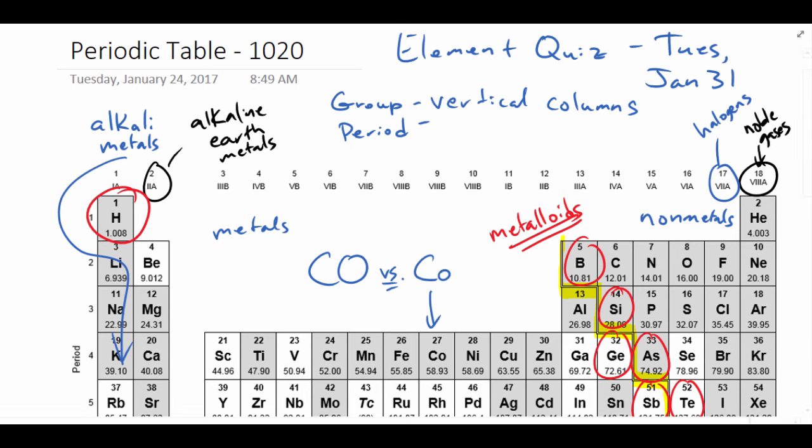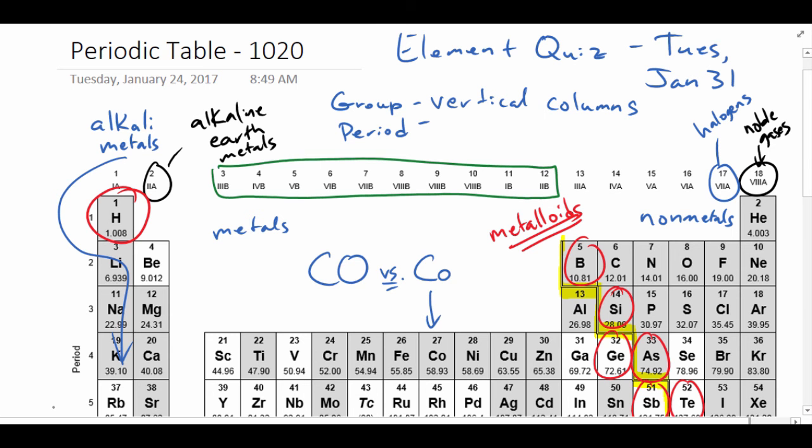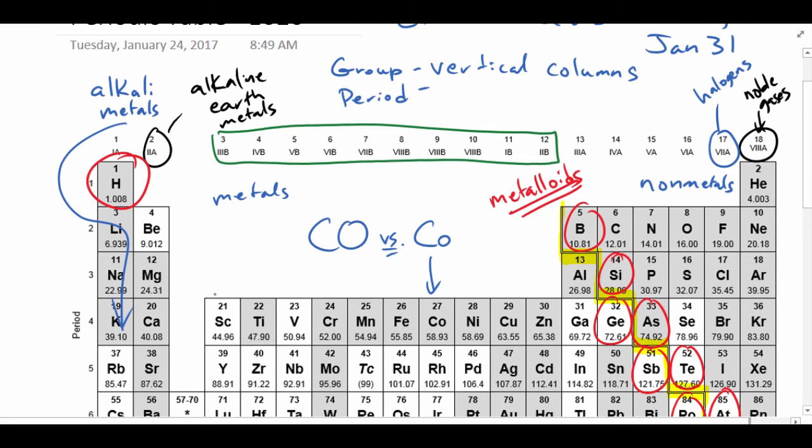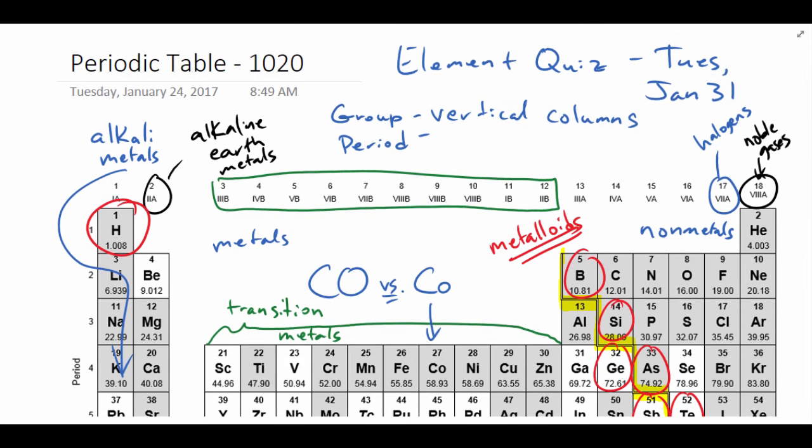And then we see these B groupings, and I'll put this in green. I know some of you might be colorblind, but those that aren't, this is green. And the B groupings, these elements here are called the transition metals. So we'll kind of put it like this. These here are the transition metals. Whereas those here that have the A groupings, and which color am I not using here yet?